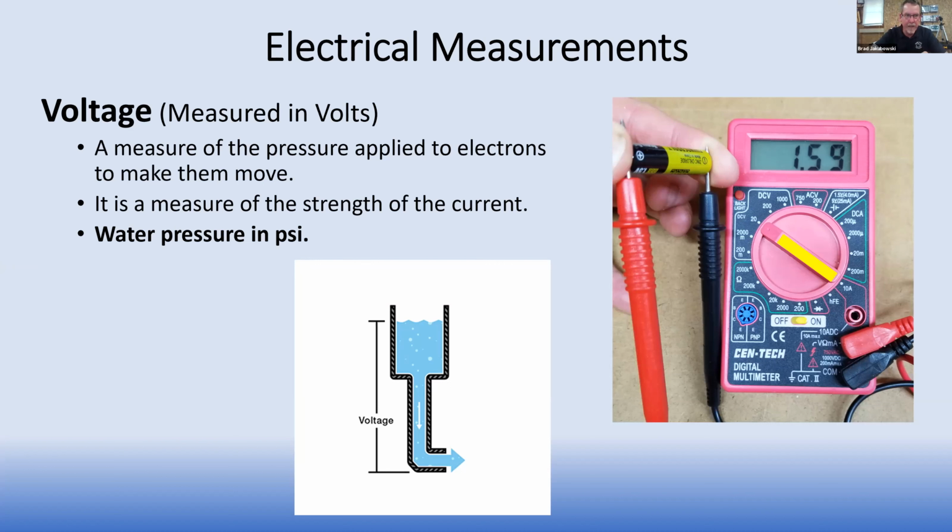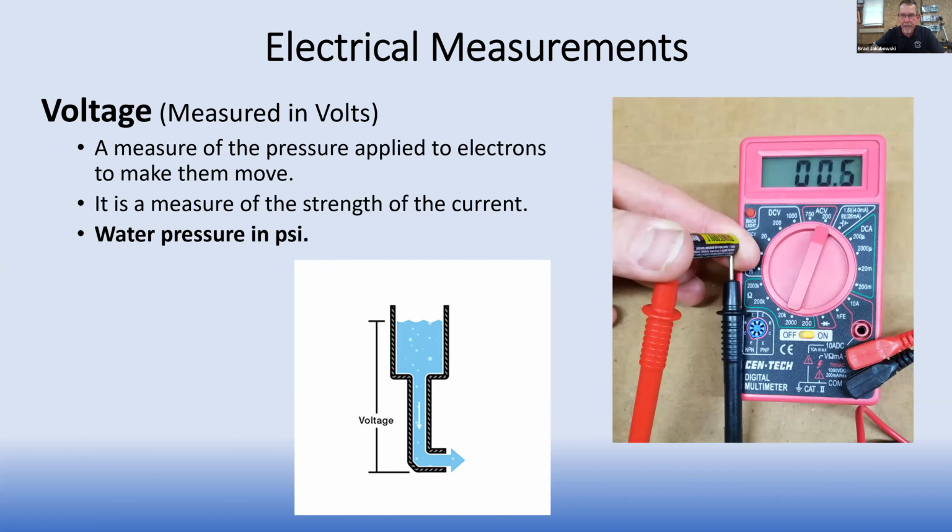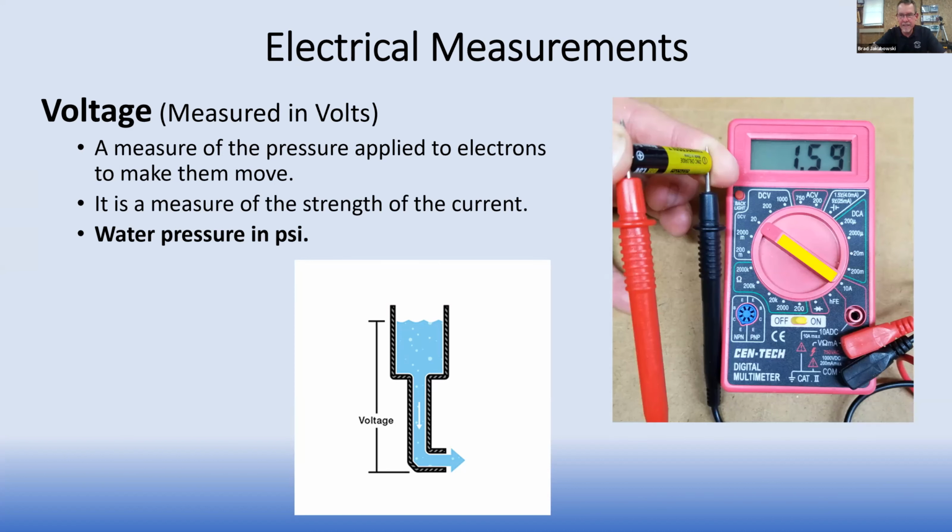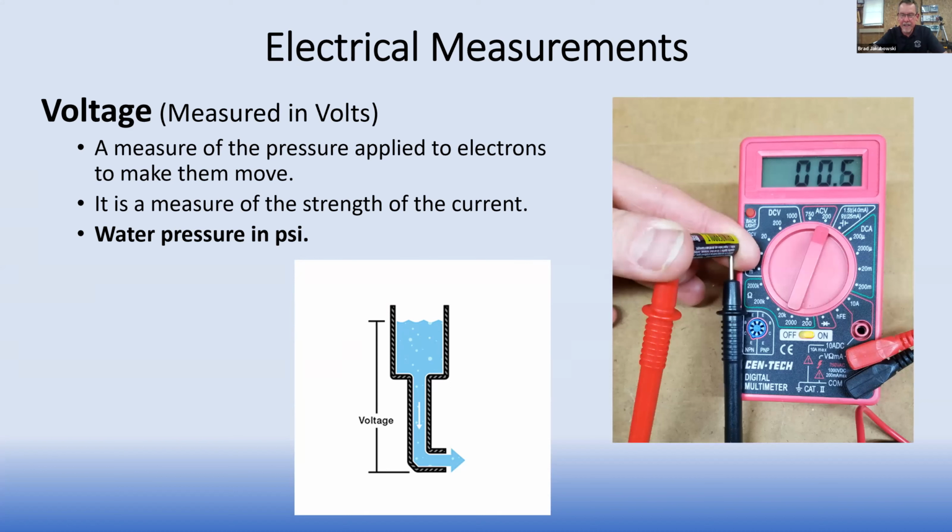Okay, so that's pressure. And as we can see here, here's 2 different batteries. Here's a good battery measuring 1.59 volts, compared to a not so good battery that has very little pressure. Whatever electrons are left in that battery, there's not much oomph to get them out of the battery. And so we're only looking at 0.6 volts.